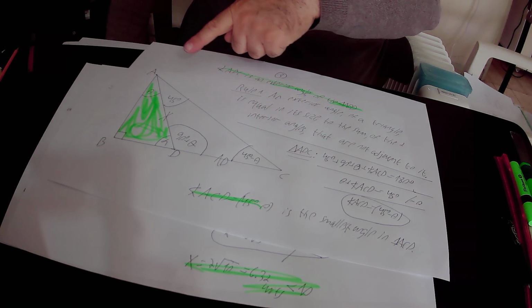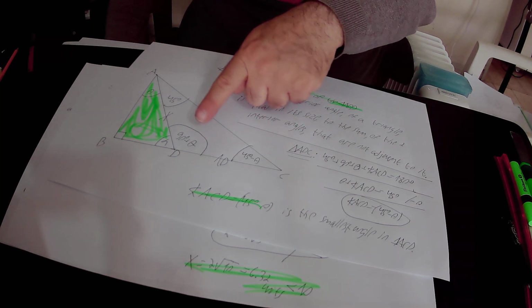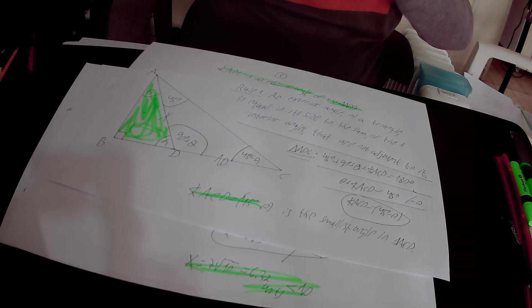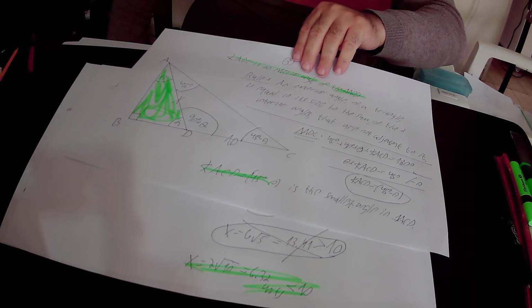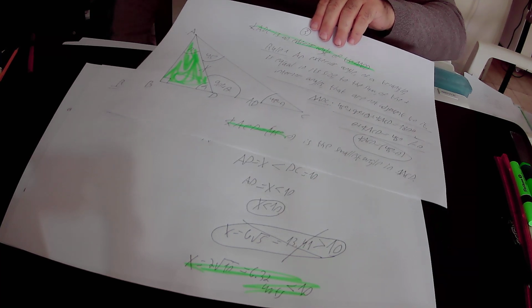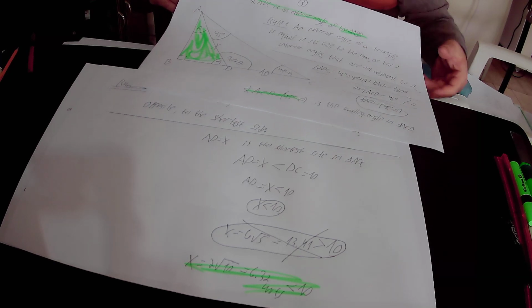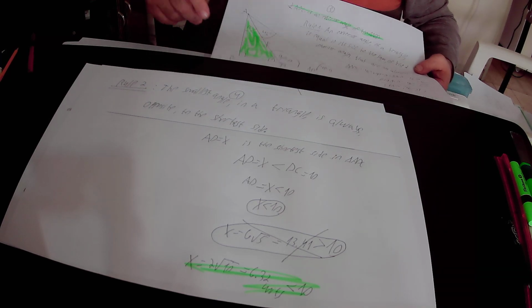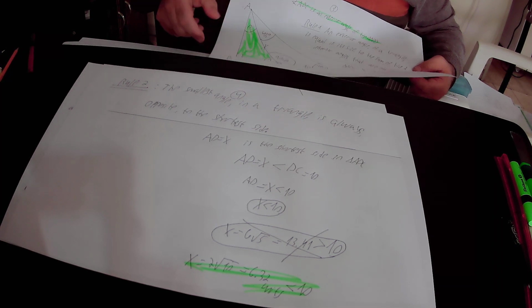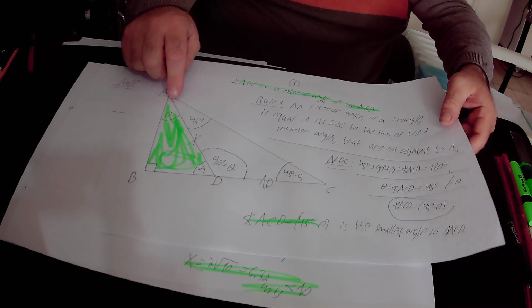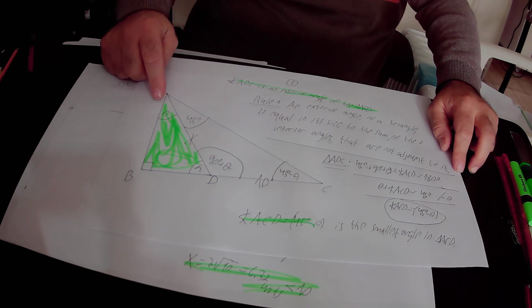That is to say, AD, which is equal to X, is the shortest side of triangle ADC.